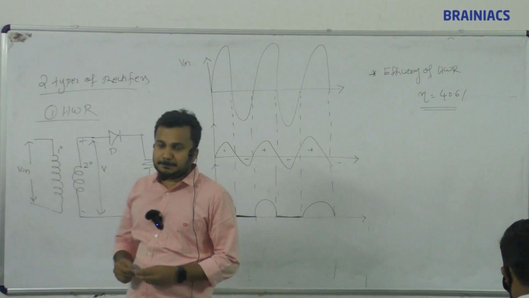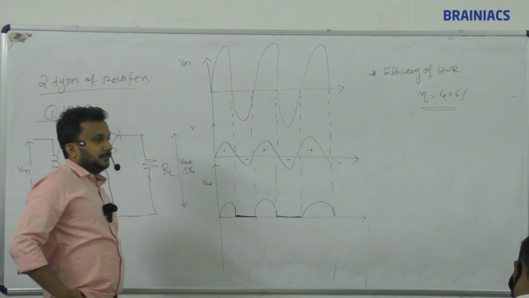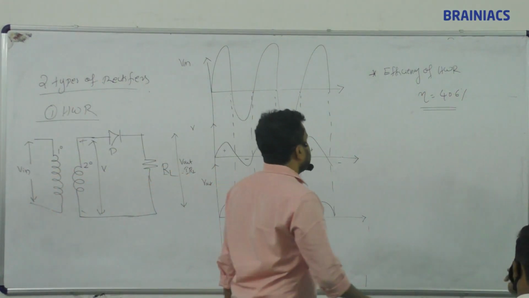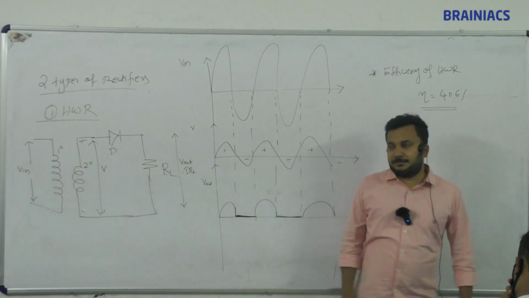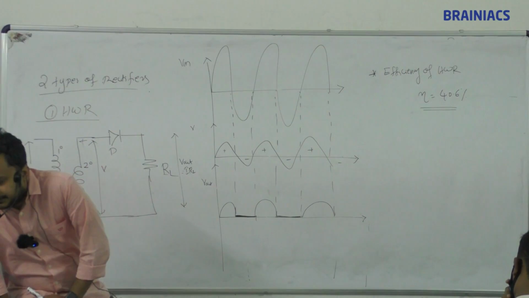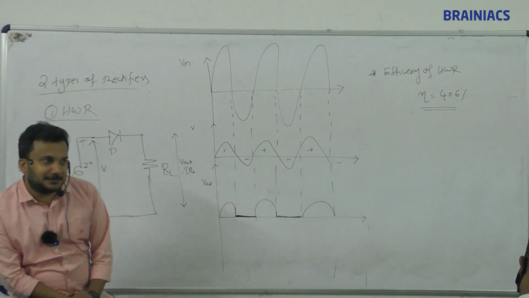They are not asking this for NEET, but for JEE, these values are required everywhere. But the efficiency of the half wave rectifier is equal to 40.6%. Okay, all understood? Anything?